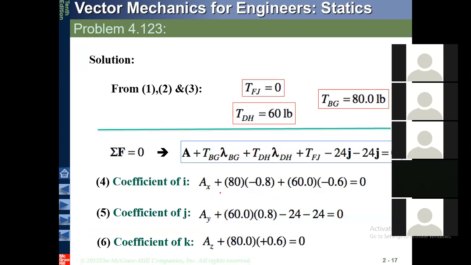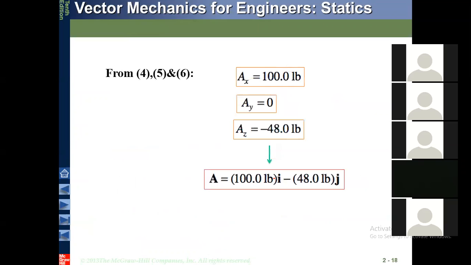In each of these equations you just have one unknown, so it is much easier to derive the reaction forces. And finally, you can get all the unknowns for this.